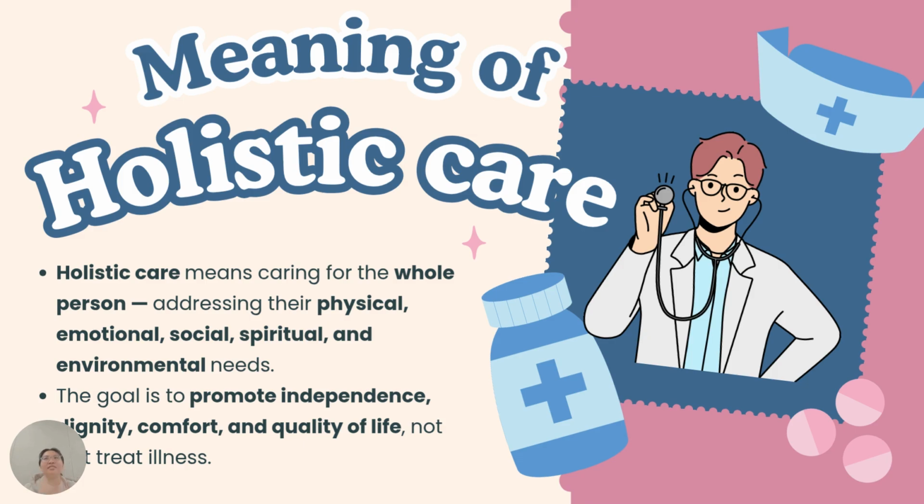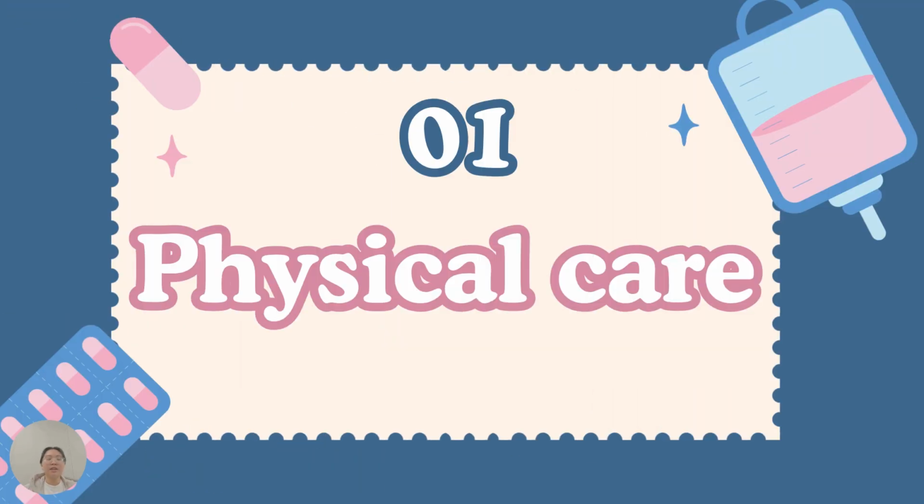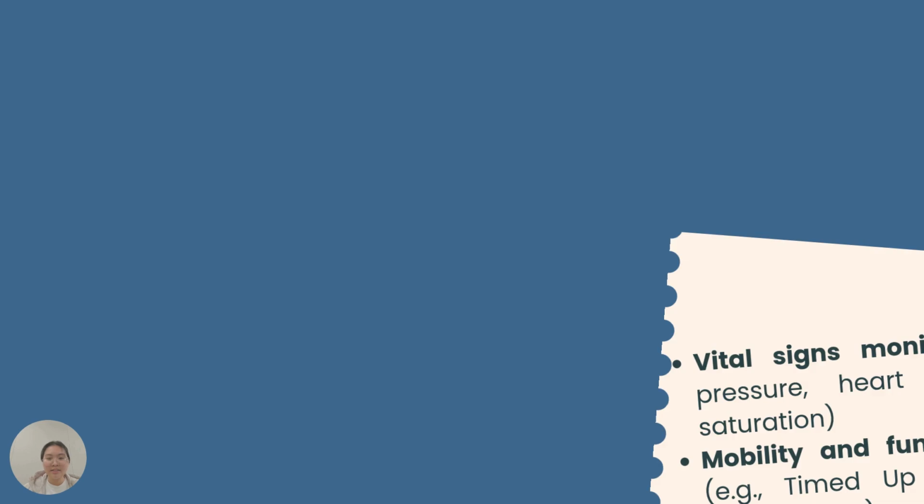So I will talk mostly about physical, psychological, and environmental needs, because I found these three to be the most important for holistic care. We're gonna go first with physical care.